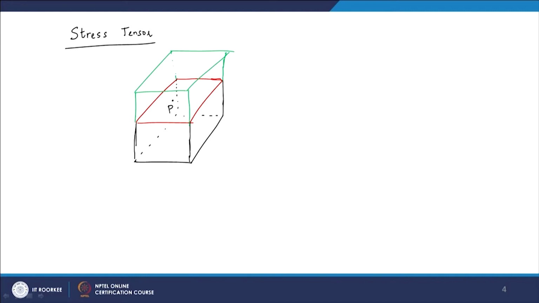So, you have a plane, this will be like above, and the black thing I have drawn is below, and the red one is the plane containing the material point P.